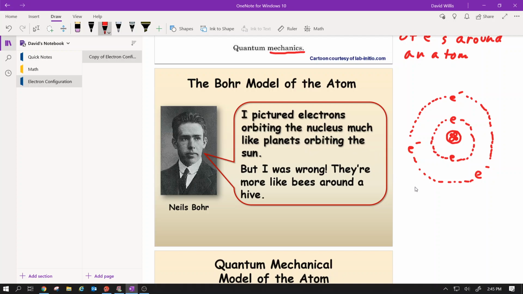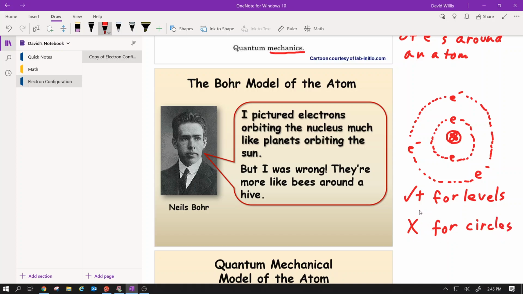So when we talk about Bohr, he gets a check plus for levels, but he gets an X for the idea of circles.